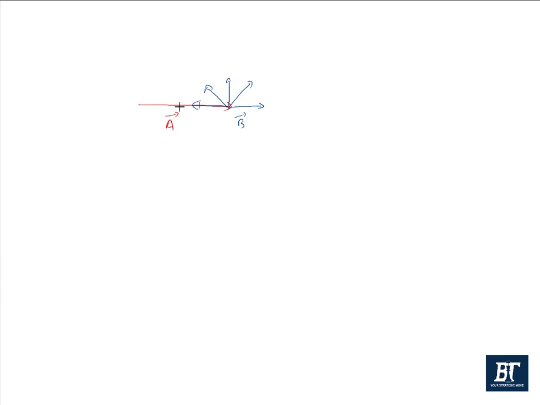So in this case, when the angle between vector A and vector B is 180 degrees, the length between these two points will give us the resultant. In this case, when we join these two points, the length between them will give us the resultant, and when vector B is acting in this direction, the length of this vector will give us the magnitude of the resultant.